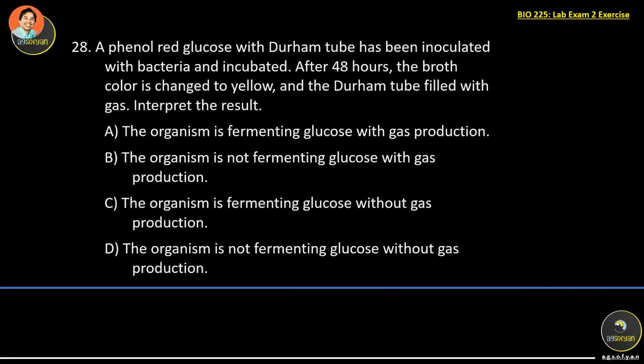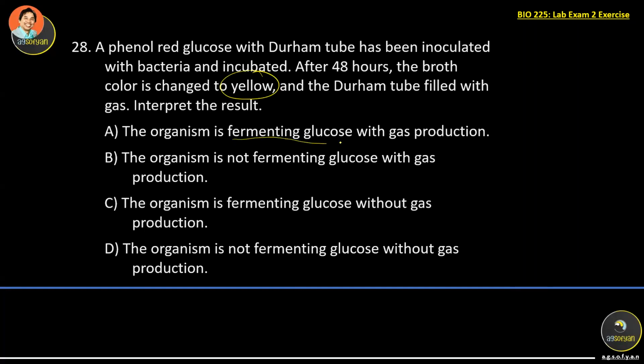A phenol red glucose with Durham tube has been inoculated with unknown bacteria and incubated. After 48 hours, or 2 days, the broth color changed to yellow and the Durham tube filled with gas. Interpret the result. Remember, yellow means acid. So you have to find the acid first, which means that the organism is fermenting the glucose.